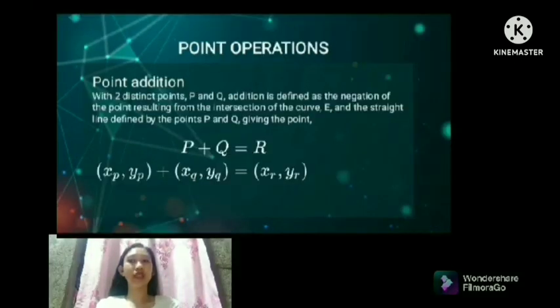With two distinct points, P and Q, addition is defined as the negation of the point resulting from the intersection of the curve E and the straight line defined by the points P and Q. For example, P + Q = R, (xP, yP) + (xQ, yQ) = (xR, yR).